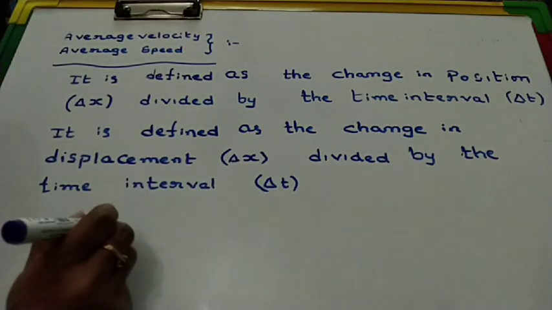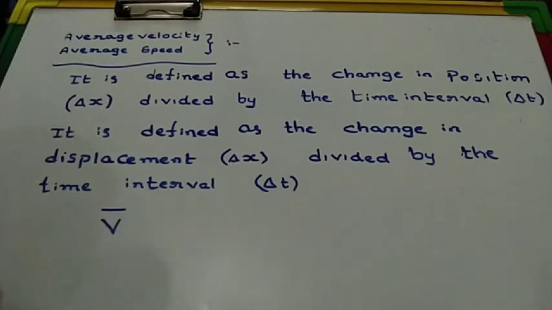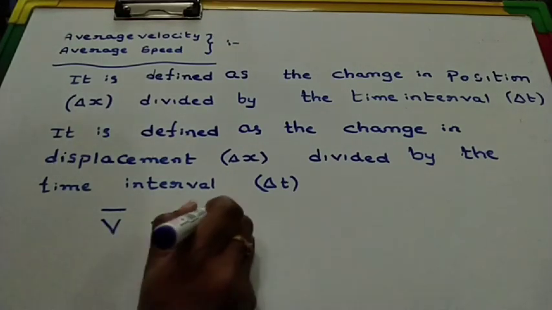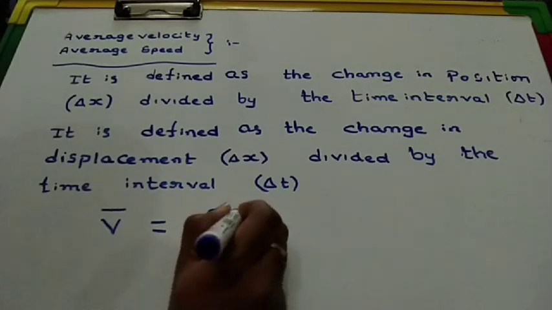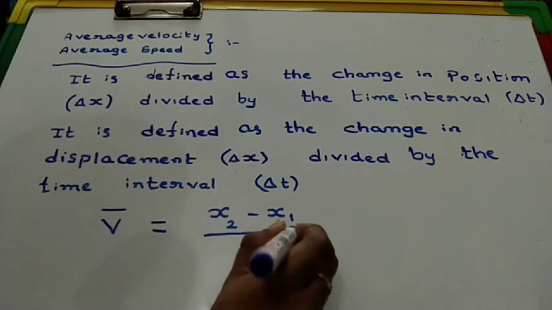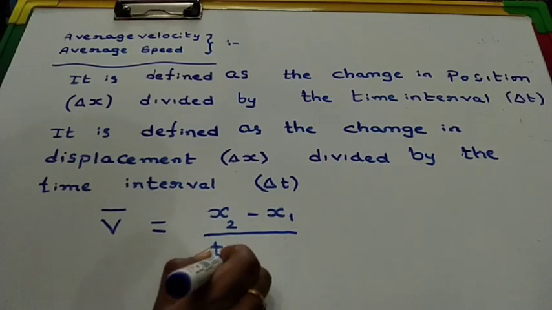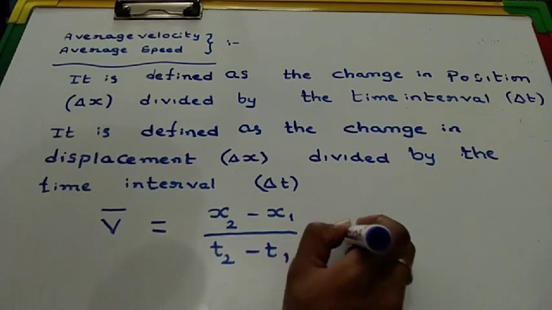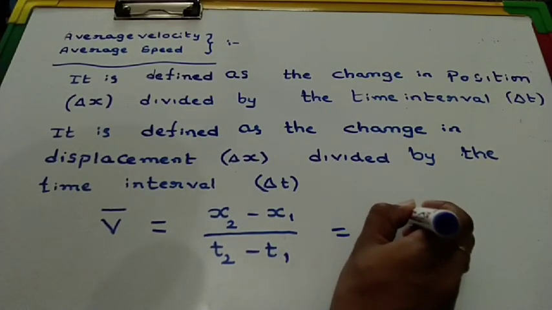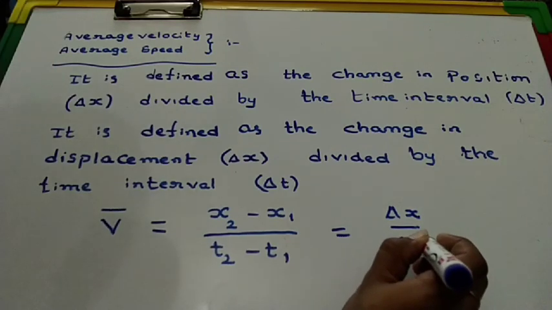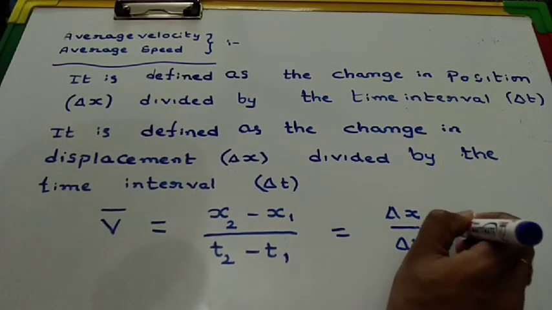That is, the average velocity v bar is equal to x2 minus x1 whole by t2 minus t1, and we can also write it as delta x by delta t. Consider it is equation number 1.